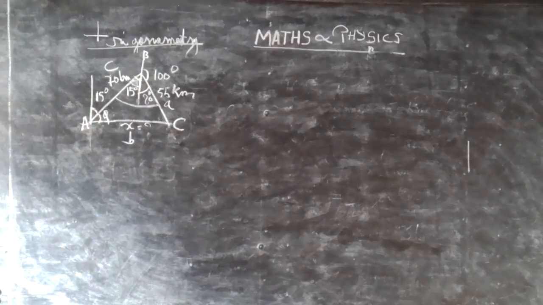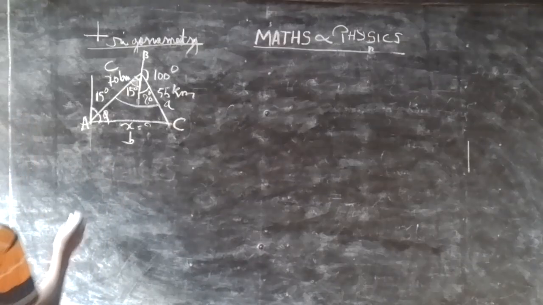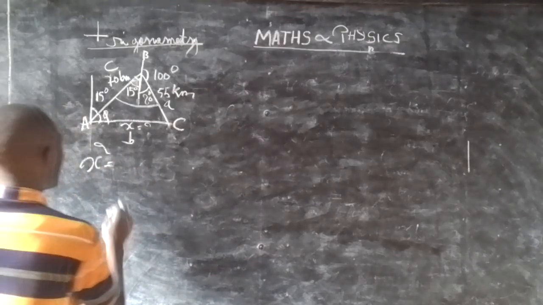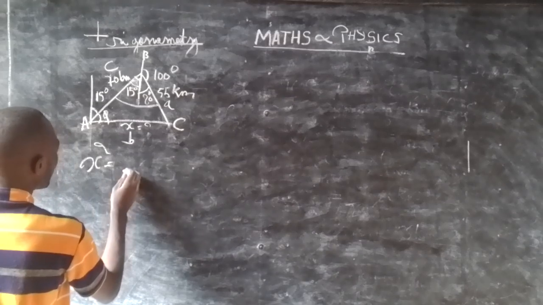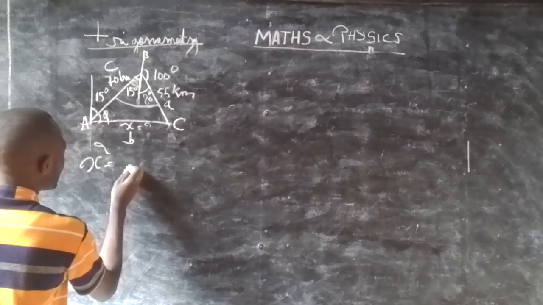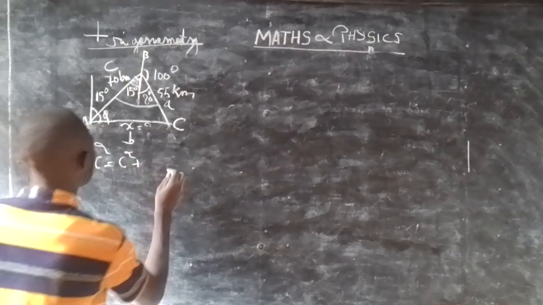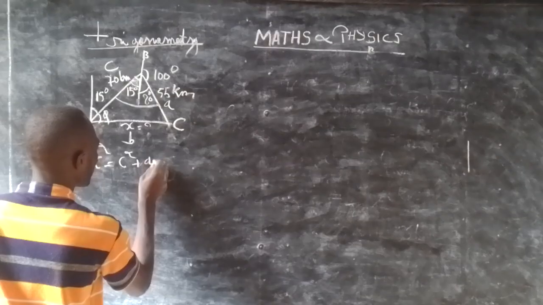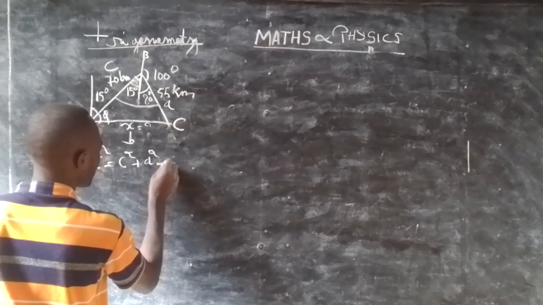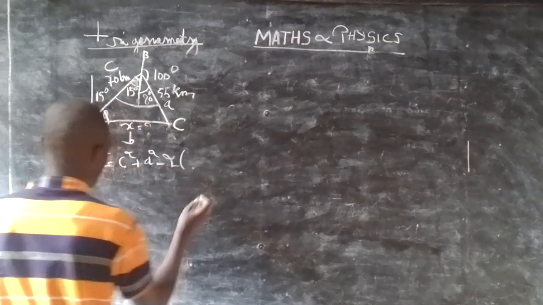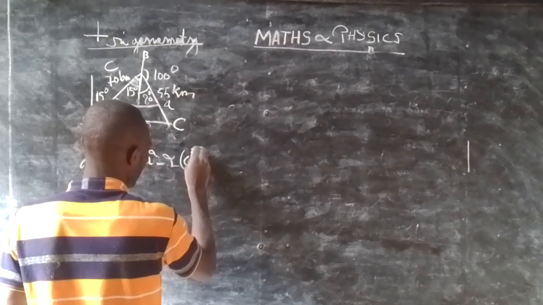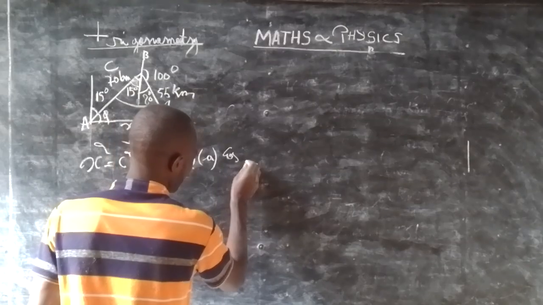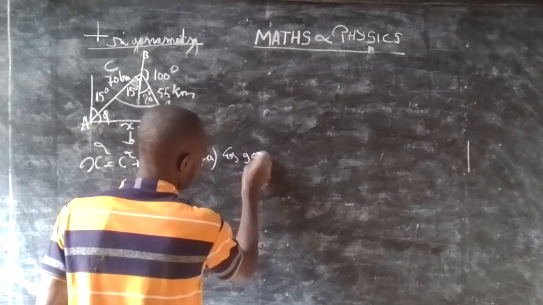So let's go. The cosine rule states that x squared is equal to c squared plus a squared minus 2ca cosine 95 degrees.